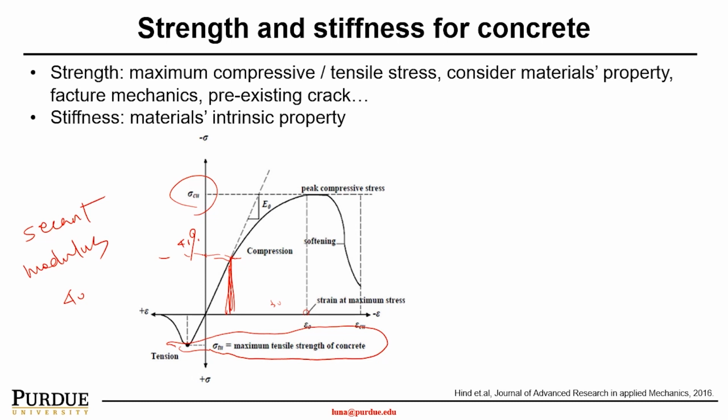It's also important to notice that concrete has many pre-existing cracks from the curing process. We call them early age shrinkage cracks. That's an intrinsic property that makes concrete more brittle than many other materials. So it's important to discuss linear fracture mechanics.